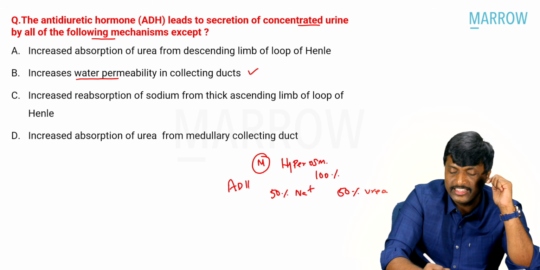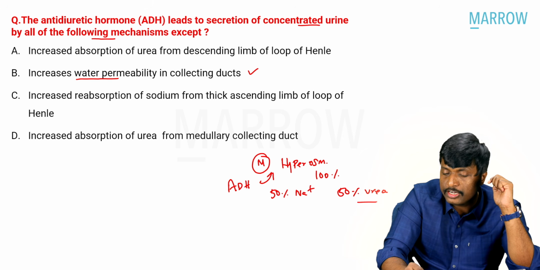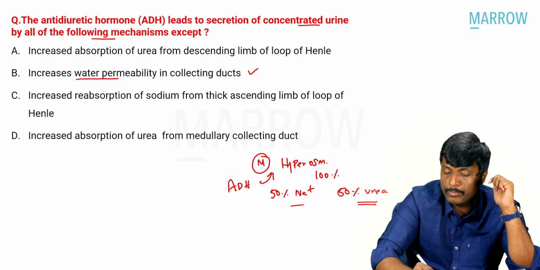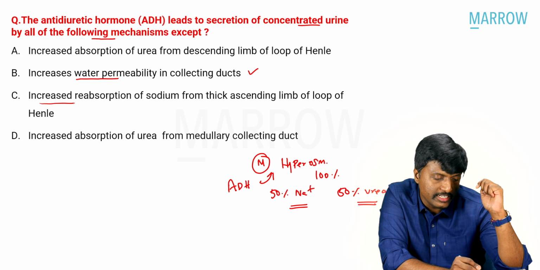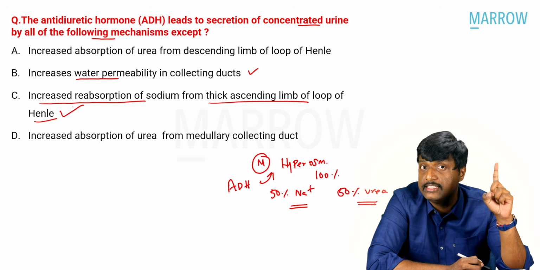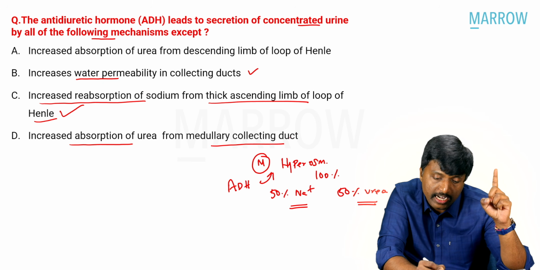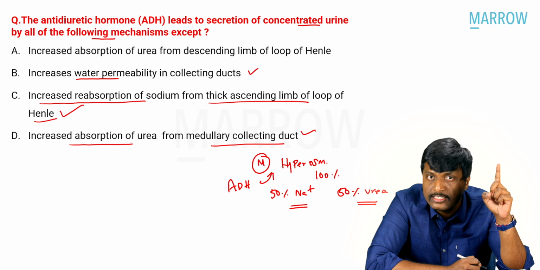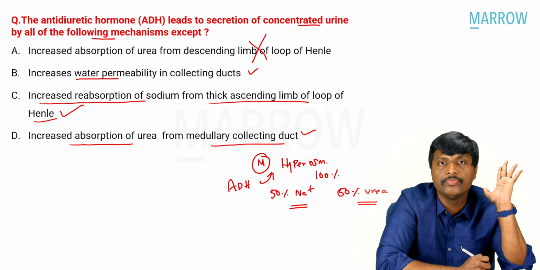ADH aids this medullary hyperosmolarity by reabsorbing urea and by reabsorbing sodium. So anything concerned with sodium here, increased reabsorption of sodium from the thick ascending loop of Henle, yes, ADH does this. Increased absorption of urea from the medullary collecting ducts, yes, ADH does this, but no action on the descending limb of loop of Henle, that's all.